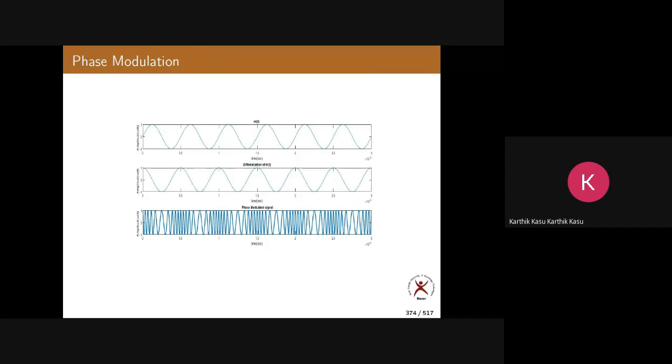Well and good, but it is somewhat difficult to observe phase changes, and it is easy to observe frequency variations. That's why in phase modulation also we will observe frequency changes only.